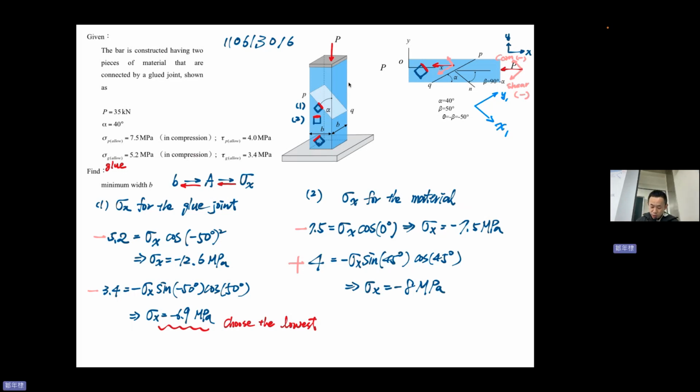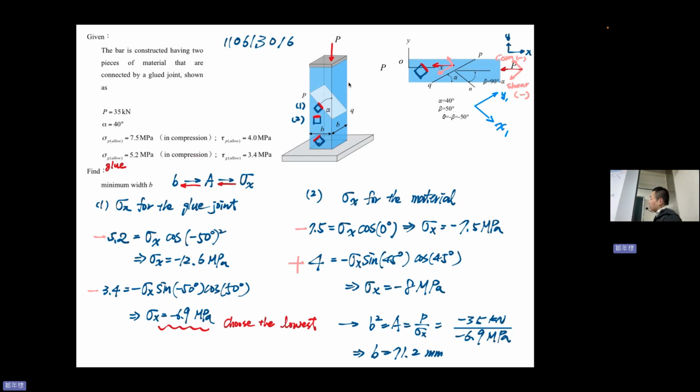Right. So choose the lowest. Your B squared equal to A equal to P divided by sigma x. So it will be minus 35 kN divided by minus 6.9 MPa. And it will become B equal to 71.2 millimeter.